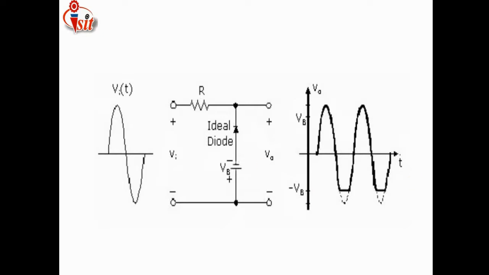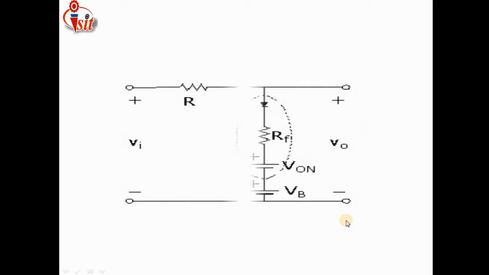Just see here, the dotted line shows the clipped part of the output waveform, and the thin continuous line shows the part that is not clipped by that diode. That is, the input signal is applied here and we are getting output here. Then how is that diode in the on condition and off condition along with the resistance?